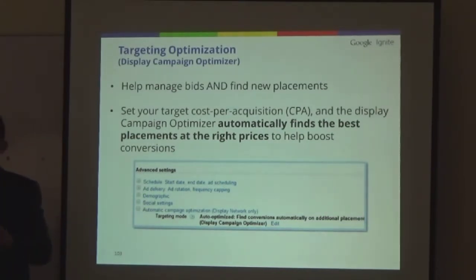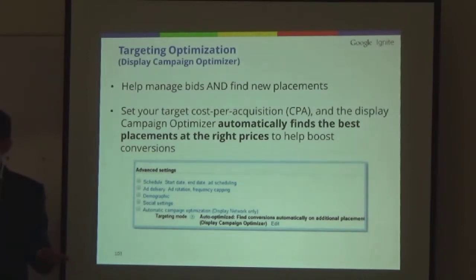So in targeting optimization, you can use this tool not only to adjust the bid to achieve a certain conversion, but the tool can also automatically find placements, sites that they feel, hey, this is a site where you should place your image ads, so that you can achieve the desired conversion.